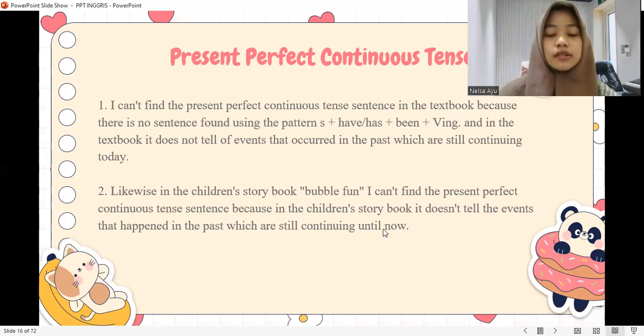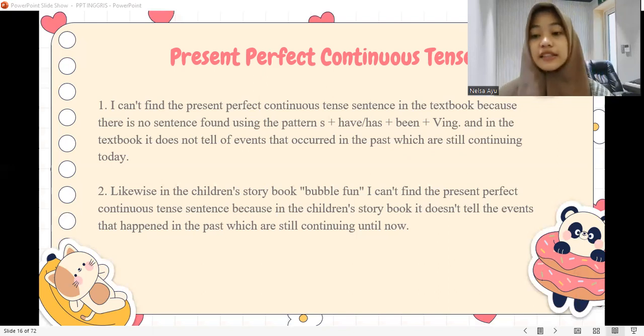And the example number 2, like in the children's storybook, Bubble Fun, I cannot find the present perfect continuous tense, because the children's storybook does not tell of events that happened in the past which are still continuing until now.